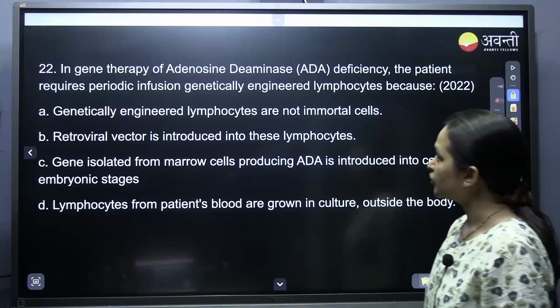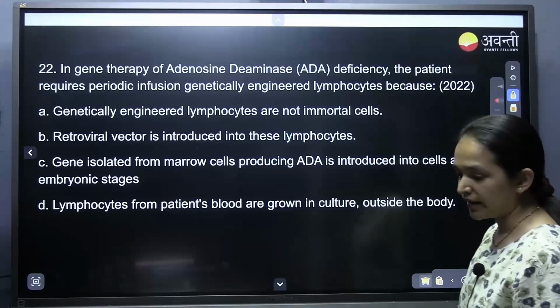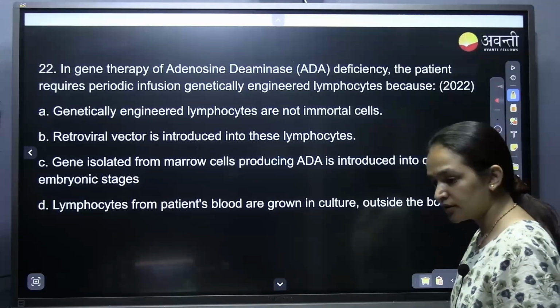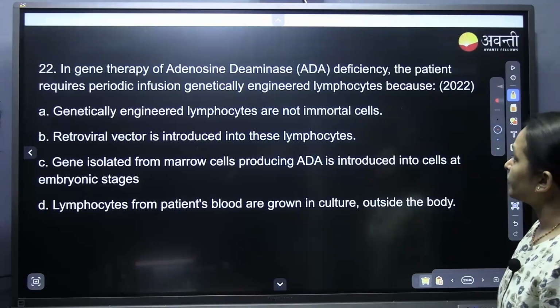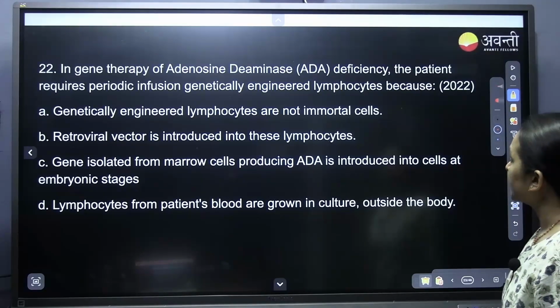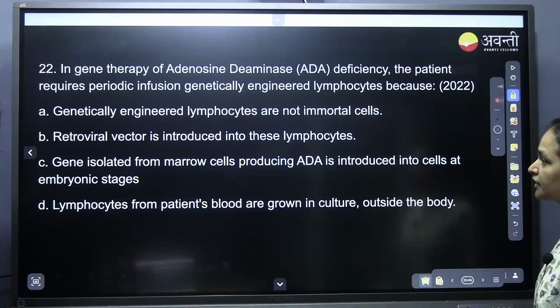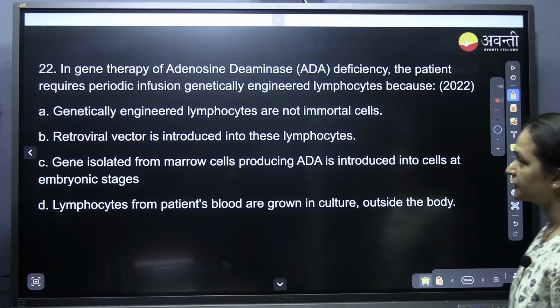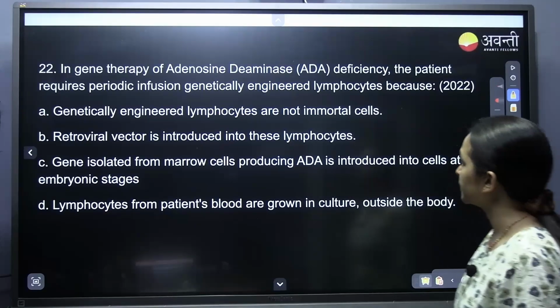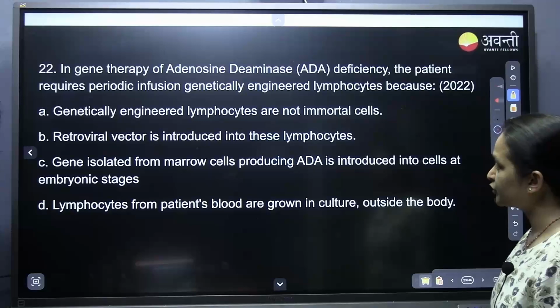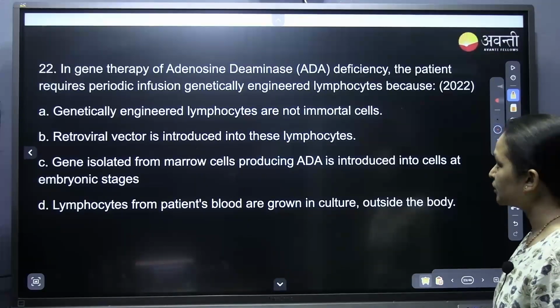Now, in gene therapy of adenosine deaminase, ADA deficiency, the patient requires periodic infusion of genetically engineered lymphocytes because genetically engineered lymphocytes are not immortal cells.